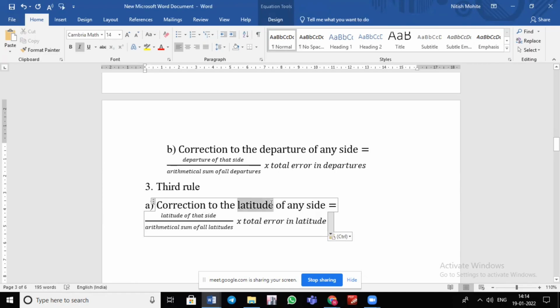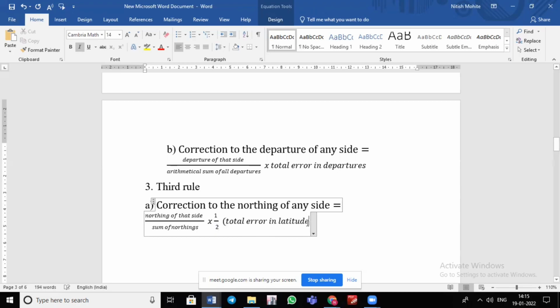Correction to the northing of any side is the northing of that side divided by the sum of northings, into one half, into total error in latitude.